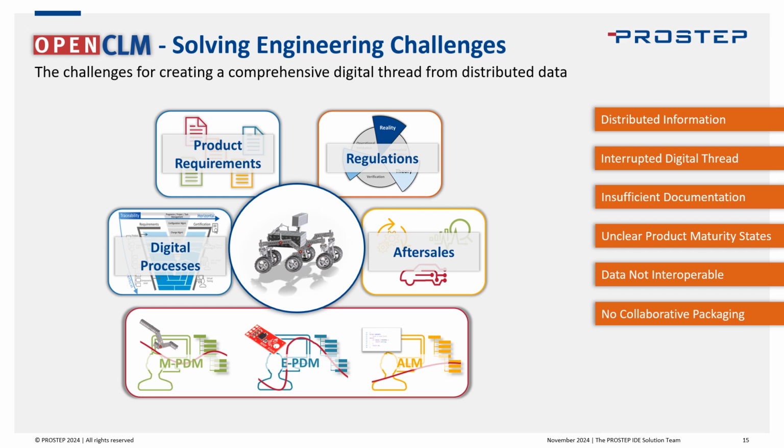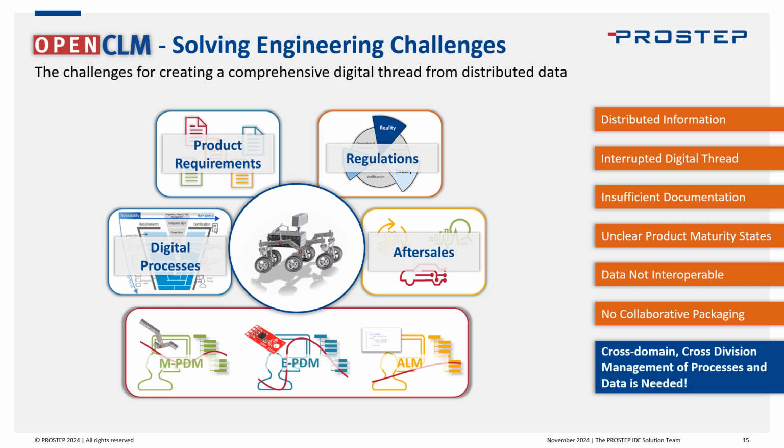This is where the CLM, the configuration lifecycle management, comes into play, to create a vision of all the configured data and the maturity states across these systems with that type of data. And it might not be interoperable or have an efficient way to package the data together.